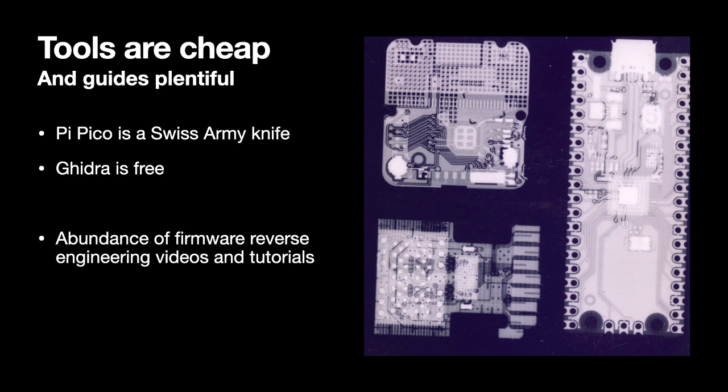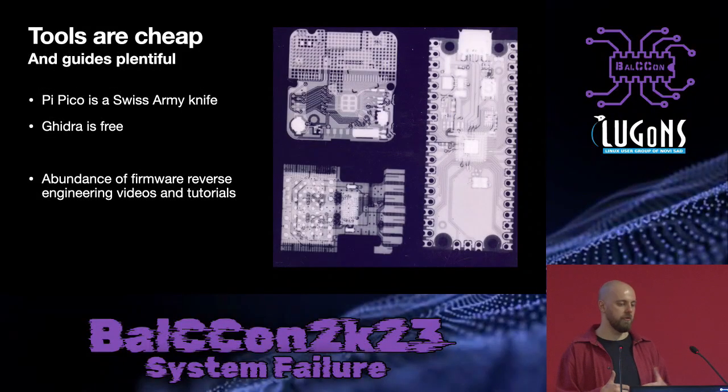Some of the tools, like PyPico, is a super useful debugging thing. Ghidra is free, which is good. The biggest boon to reverse engineering, having access to such a great disassembler with the built-in decompiler, is awesome for hobby projects. So yeah, you can easily start with this sort of work, is what I wanted to say.